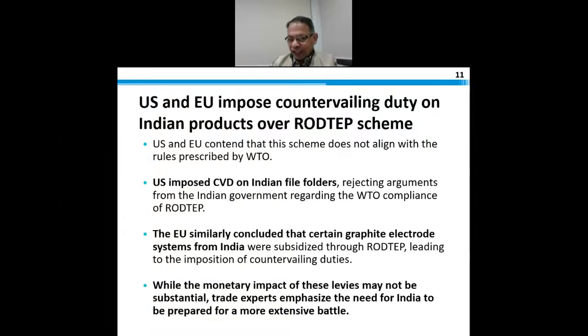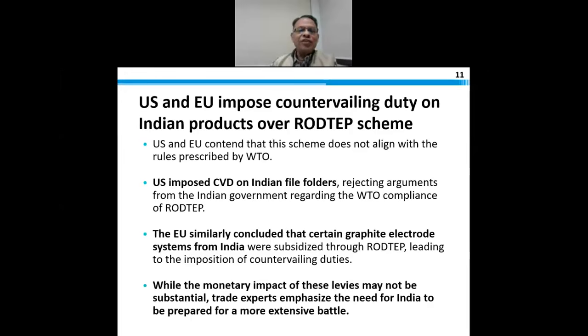US and EU contend that this scheme does not align with the rules prescribed by WTO. And therefore, US imposed CVD on Indian fastener products, rejecting arguments from the Indian government regarding the WTO compliance of RoDTEP.